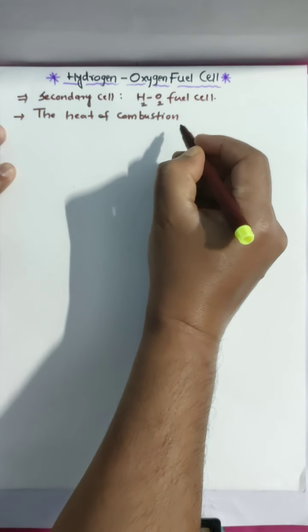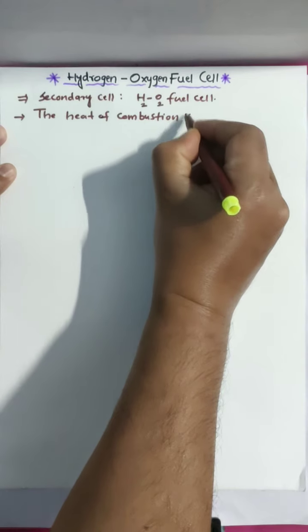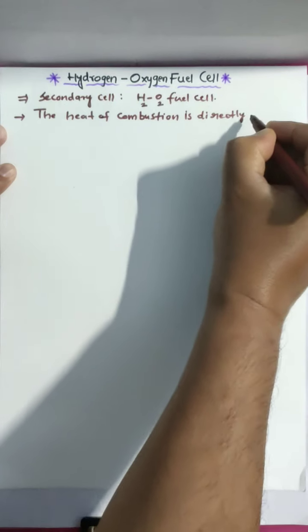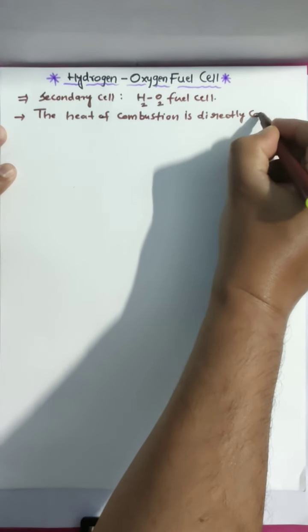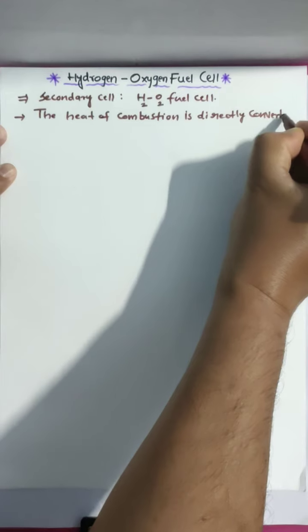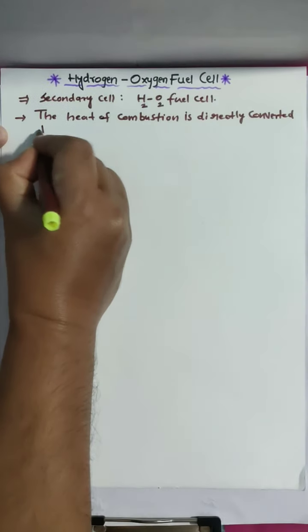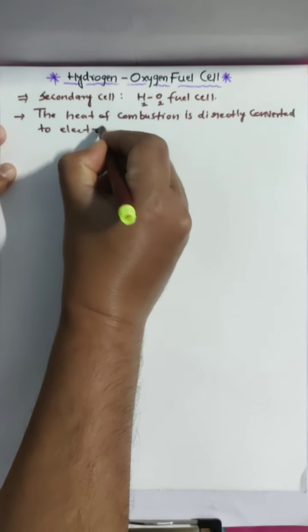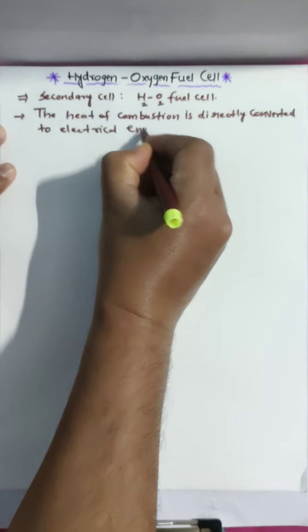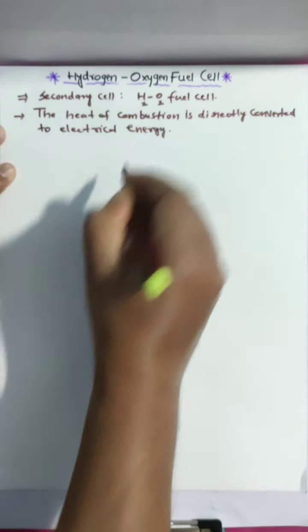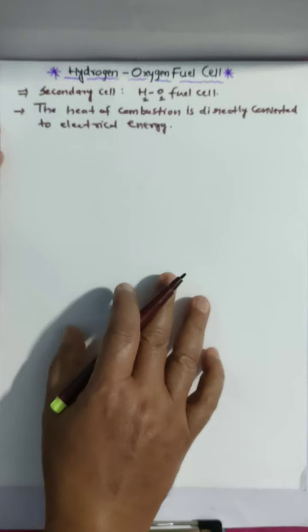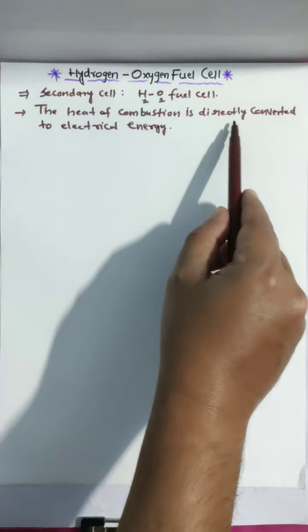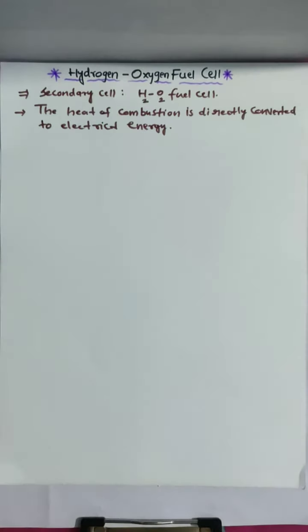Heat of combustion is directly converted to electrical energy. This is the main concept of the hydrogen oxygen fuel cell.